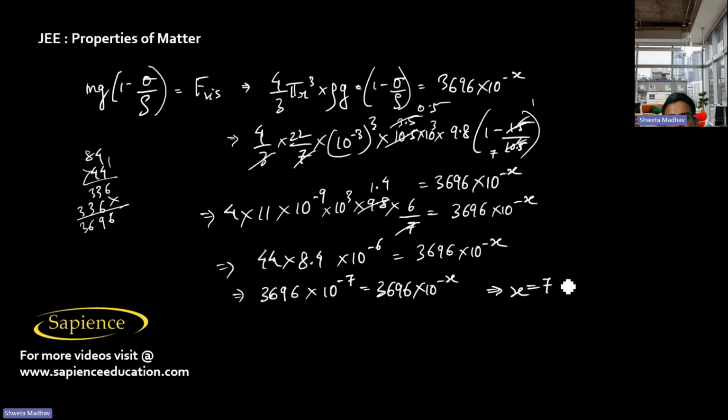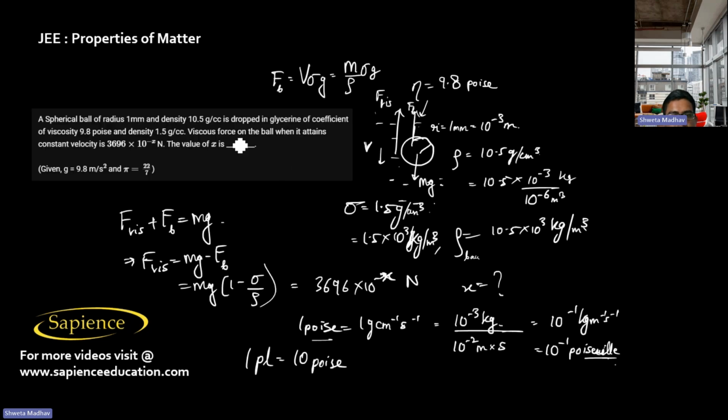So it means x will be equal to 7. So x is equal to 7. So 7 is the answer.